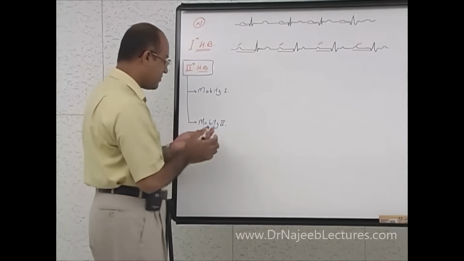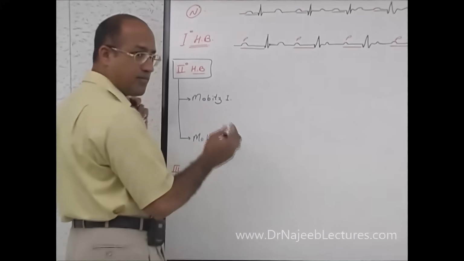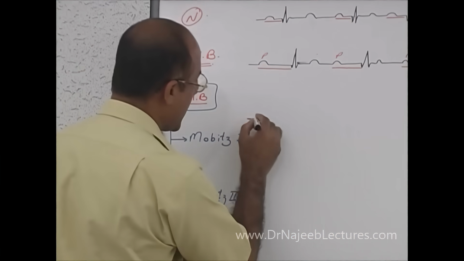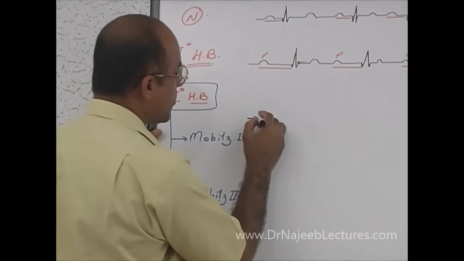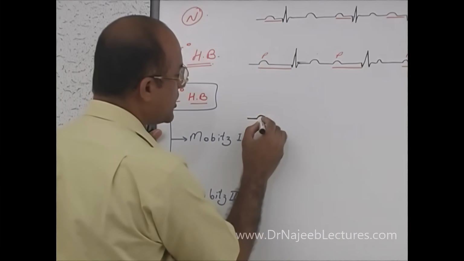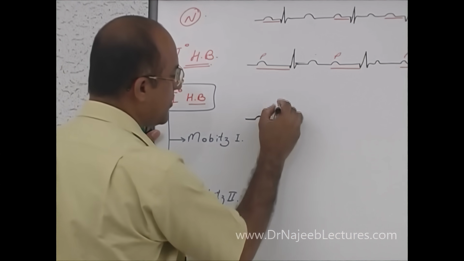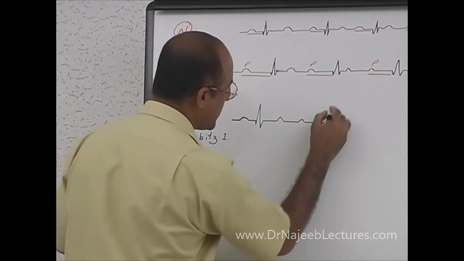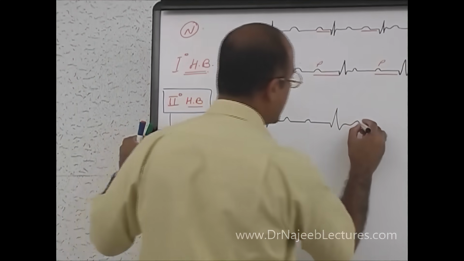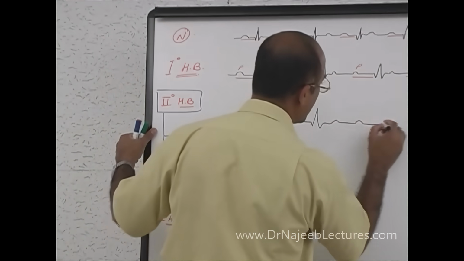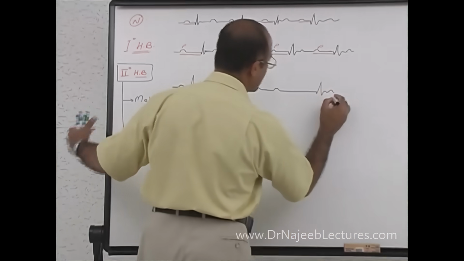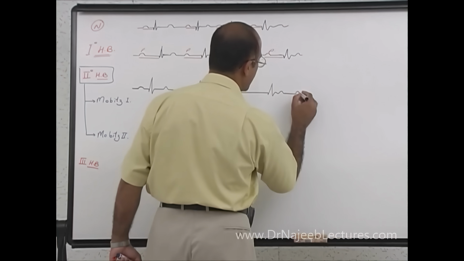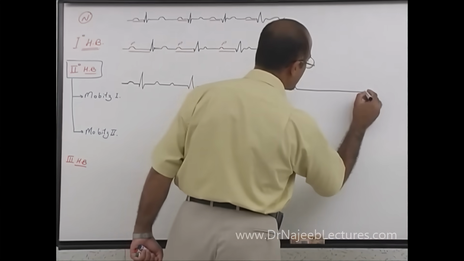In Mobitz 1, this is a very special variety of heart block. Initially there is a P wave with normal delay, then the next P wave is with undue delay, then the next P wave is with extremely undue delay followed by QRS, and then the next P wave is not followed by QRS.